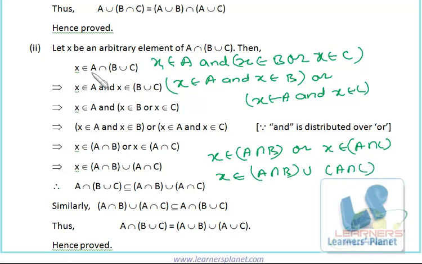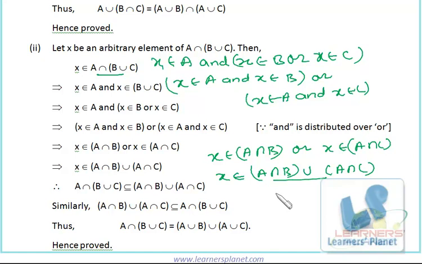So I started with X belongs to A intersection (B union C), and I'm getting X belongs to (A intersection B) union (A intersection C). That means this is subset of this. If this is subset of this, similarly we can prove this is subset of this. Again, both of them are subset of each other, so both of them will be equal.